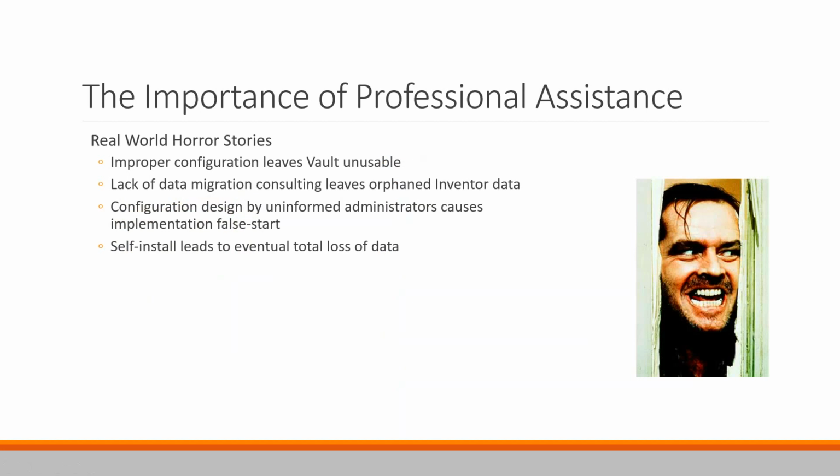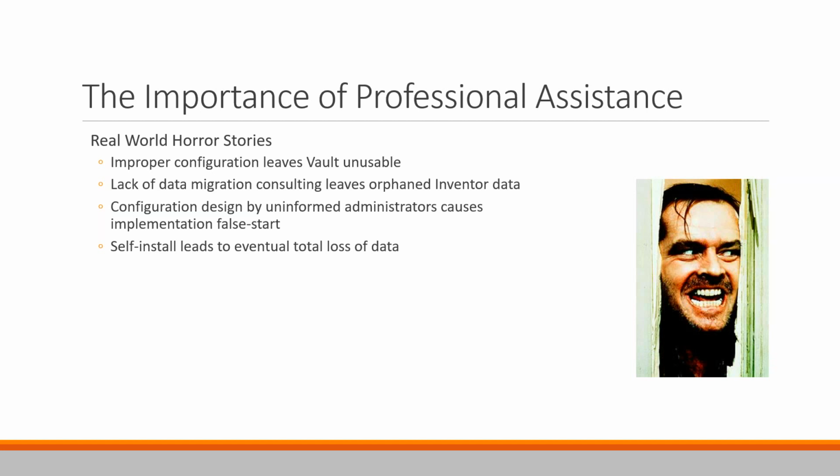So we're almost done here. I won't share too many of these horror stories. Two of the big ones: they weren't sure exactly, and so what they did was they took all of their Inventor files and they just drag and drop them into the Vault. You can drag and drop files into Vault. You should never do that with Inventor or AutoCAD files though.